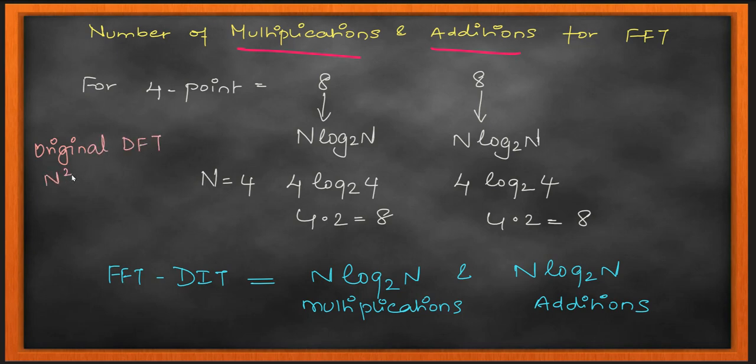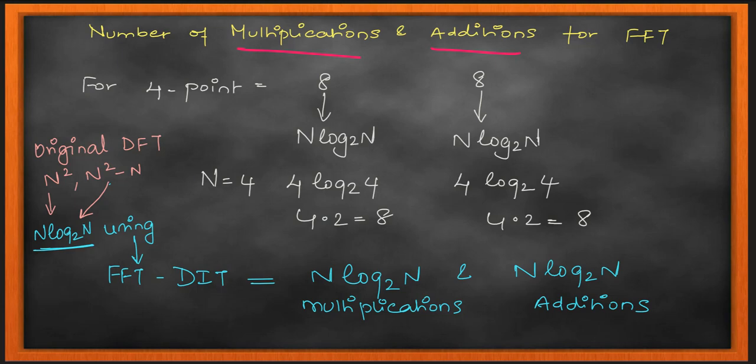That is your FFT's number of multiplications and additions, and that is more efficient, because your original DFT had n square multiplications and n square minus n additions. Compared to that, your n log 2n is a lot more efficient.